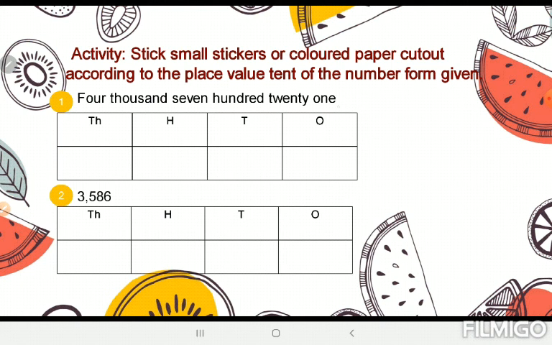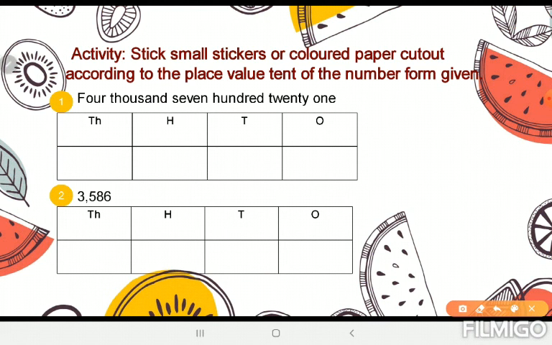So whichever number form is given, in that place value you have to stick either stickers or colored paper cutouts. So if you have stickers, use stickers. If you have colored paper, you can cut small colored papers and stick them.